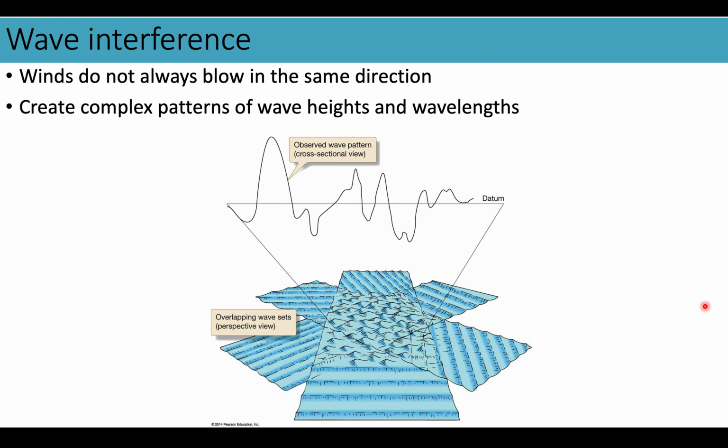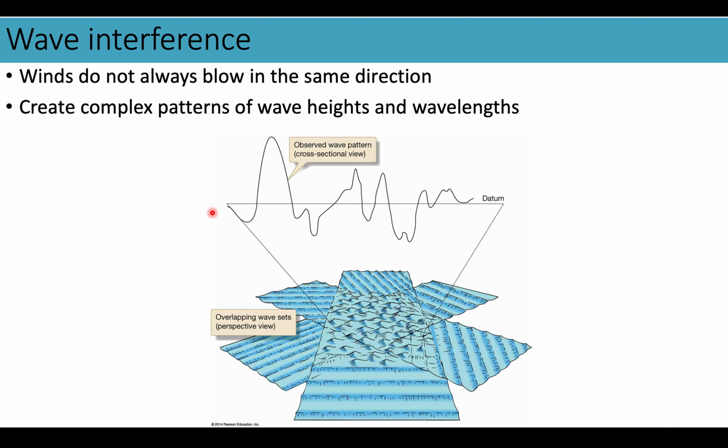So waves are not simple. There's not just one wave direction, because the wind is not always blowing in the same direction all the time. Sometimes waves will actually come together and create really complex patterns.